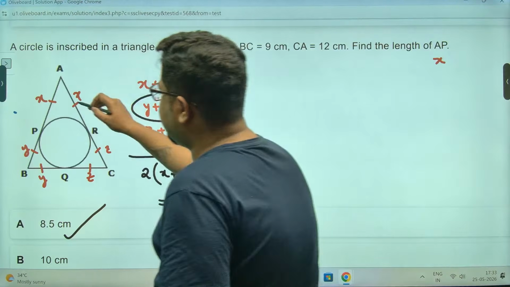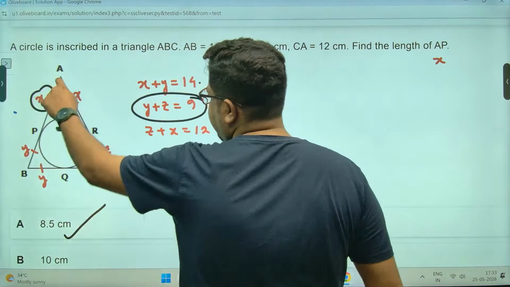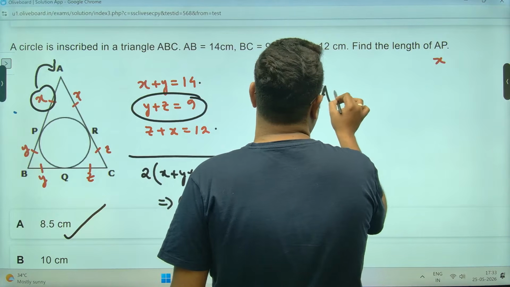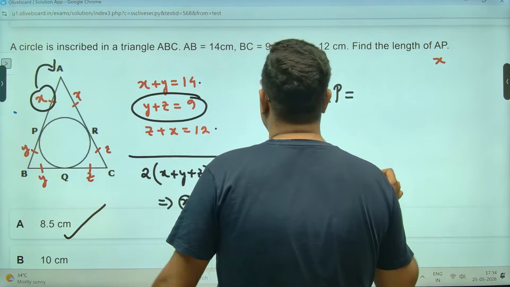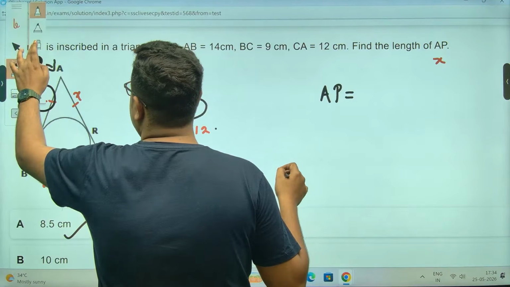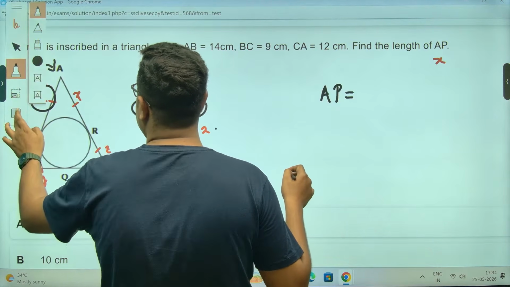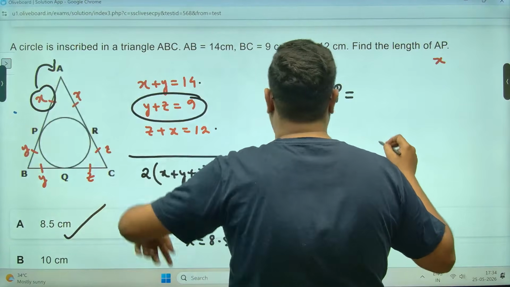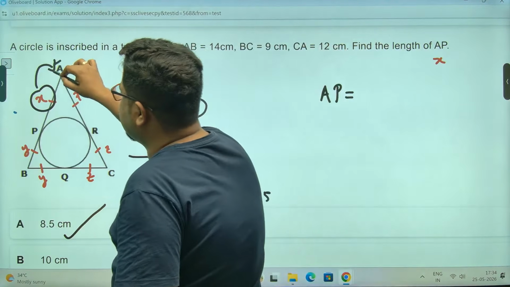Sir, if you need the value of X, so start from the nearest vertex. AP, if I need. Or rather, write down both the sides that are attached to this point, this vertex.